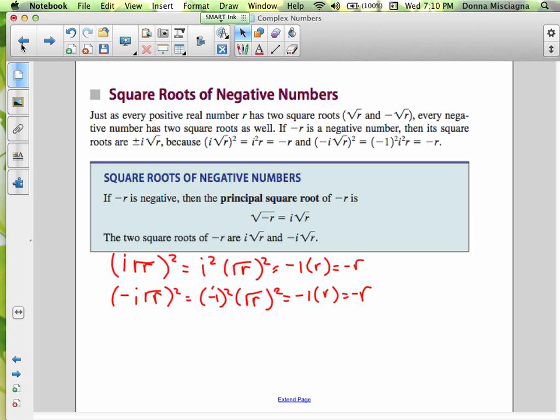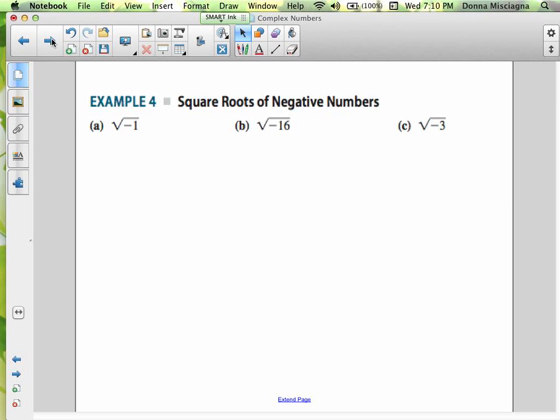If negative r is negative, then the principal square root will be the positive one. But there are two answers. If we're solving an equation, there'll be two answers, the positive and the negative. And for this activity, we'll find both the positive and the negative. So square root of negative 1 will be plus or minus i.